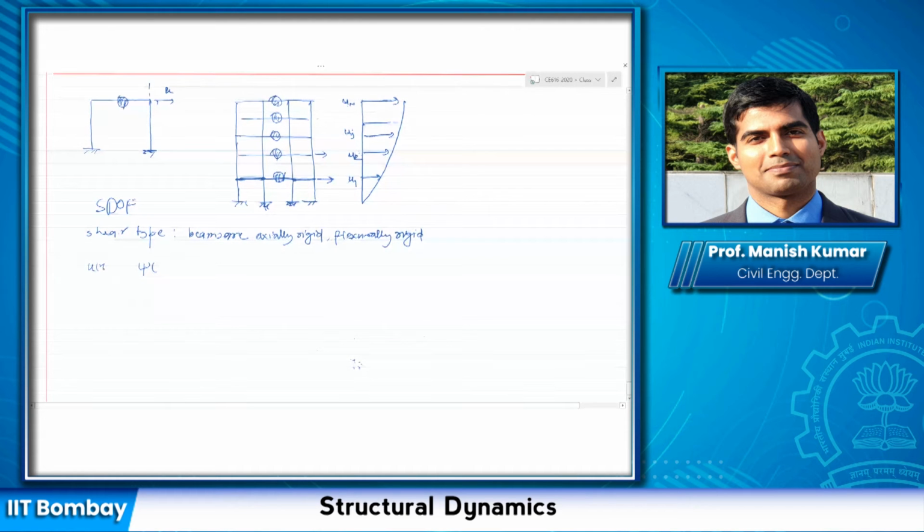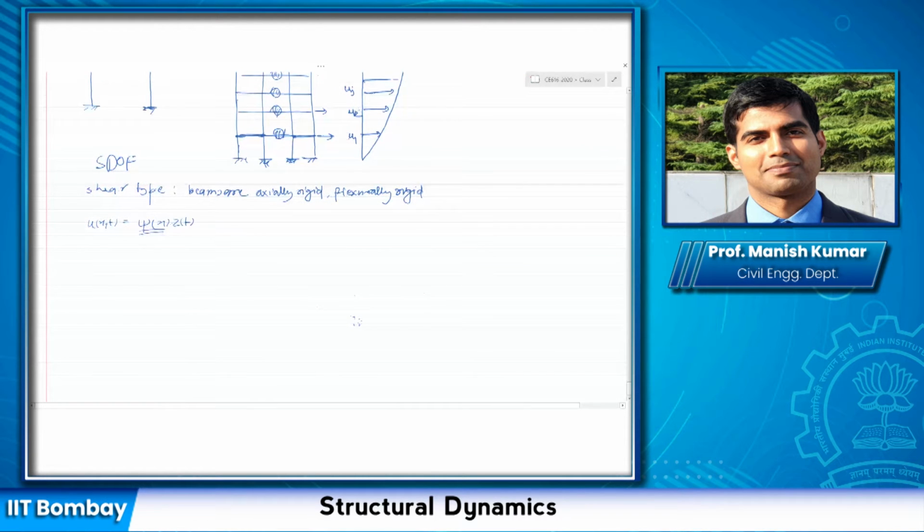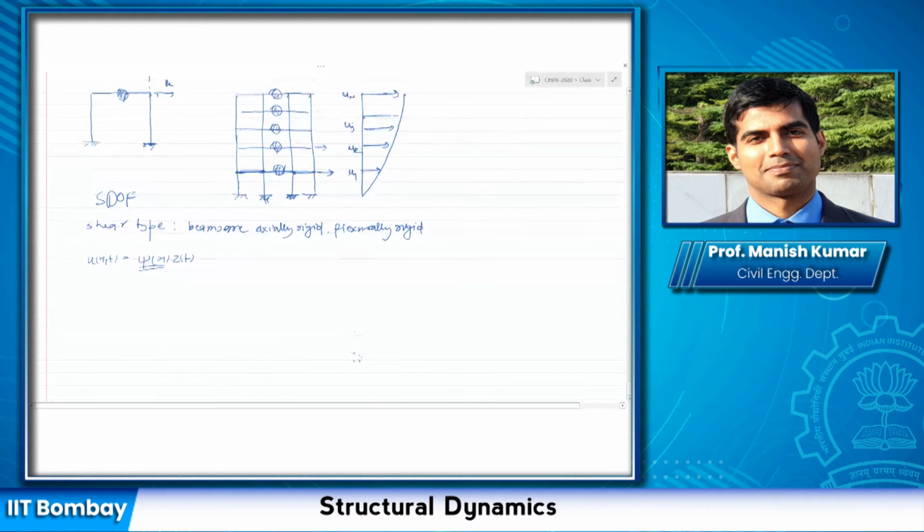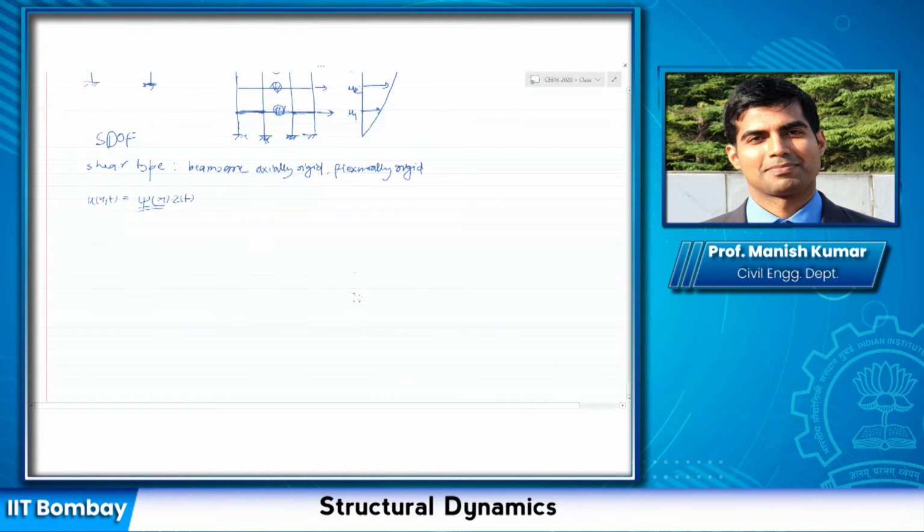What we do in a discrete system, where more than one mass is lumped, but I still want to analyze it as a single degree of freedom system, or I first want to reduce this to a single degree of freedom system, is write this in terms of a vector. So at different levels, my uj is nothing but the shape coordinate times the generalized coordinate.